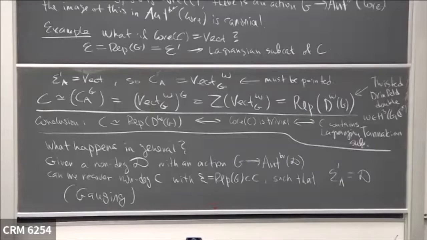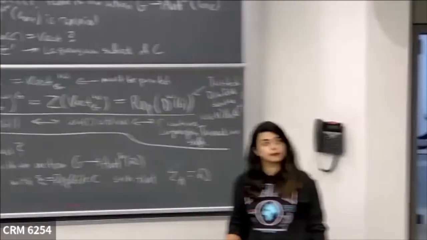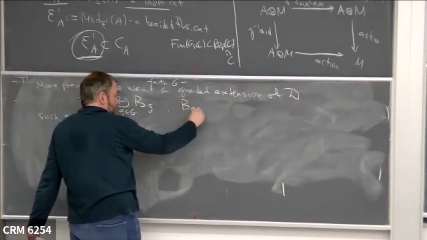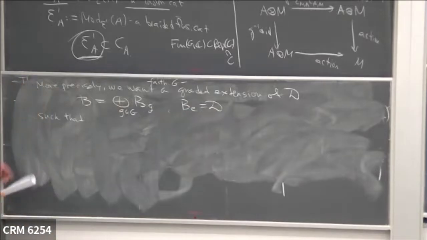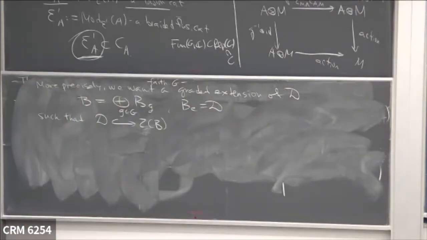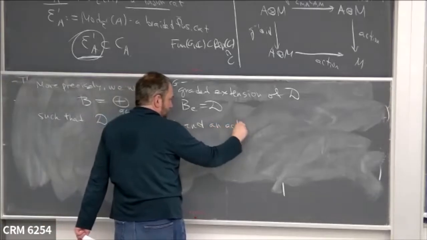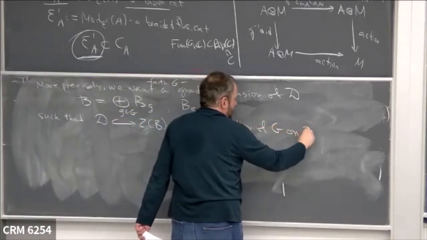So more precisely, we want a faithful G-graded extension of D. I'll use letter B for this, such that the properties that I outlined in the beginning of the lecture would hold true for this extension, such that the trivial component is D, and this trivial component is embedded into the center of B. Furthermore, we want an action of G on B, right?